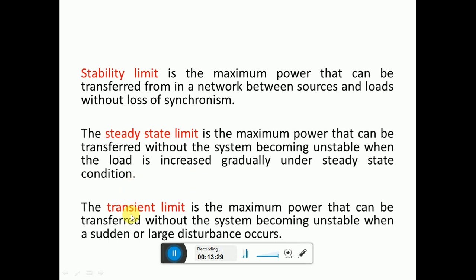Same way, transient stability limit is the maximum power that can be transferred without the system becoming unstable when a sudden or large disturbance occurs. So as I said, transient stability is concerned with large disturbances. If during or after a large disturbance the system has the ability to remain stable, then it's called transient stability.